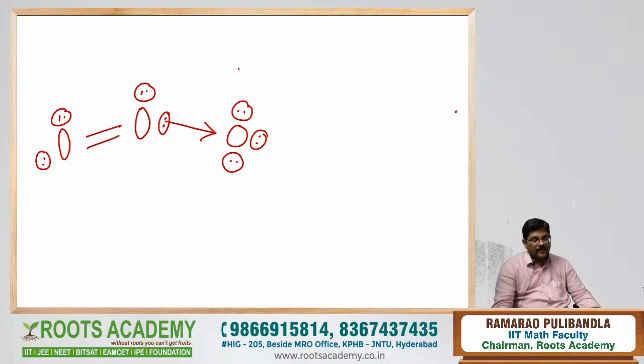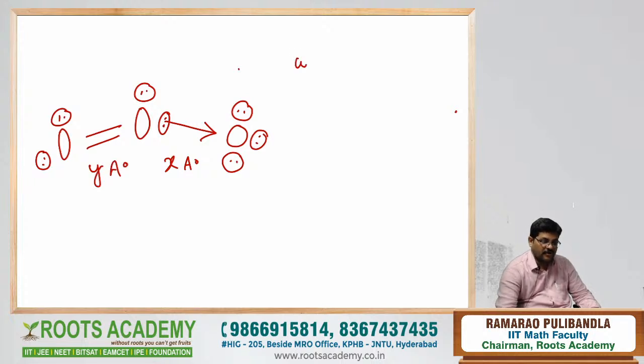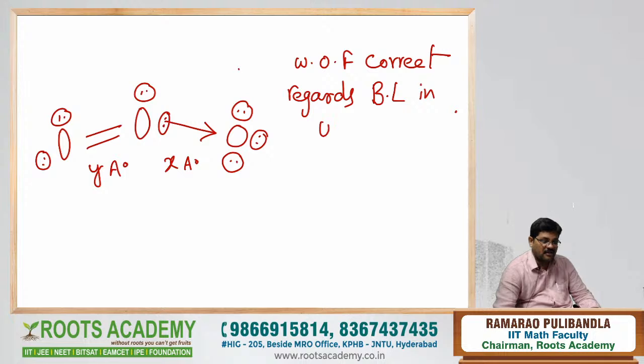The O-O single bond is X angstroms and the O=O double bond is Y angstroms. Which of the following is correct regarding bond length in ozone gas?